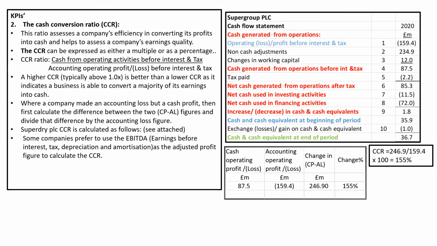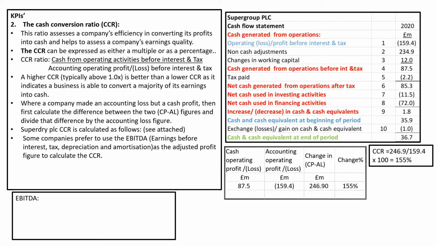Some companies prefer to use the EBITDA, which is the earnings before interest, tax, depreciation and amortization, as the adjusted profit to calculate the CCR. Now let's see what the EBITDA is for Superdry PLC. We've got the operating loss before interest and tax, which is 159.4 million.